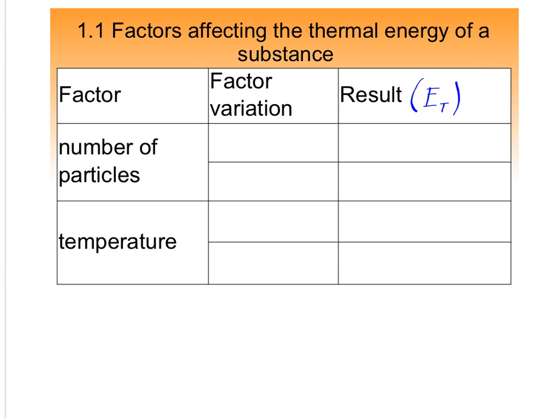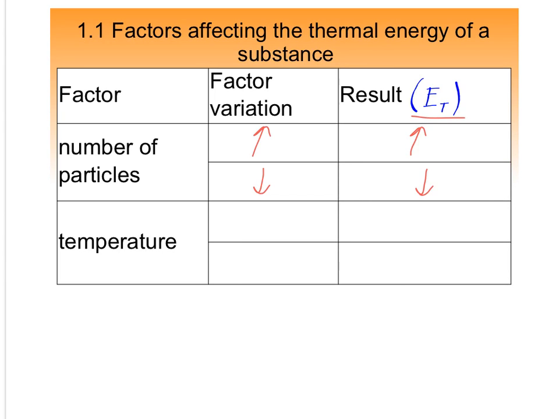Now, if we vary those factors, first of all, if we vary the number of particles, what's going to happen to my thermal energy? Let's say I increase the number of particles in my glass of water, so let's say I add water. Well, the thermal energy is also going to increase just because we have more particles. While if we decrease the number of particles, that means if I have less water in my glass, there is less thermal energy present.